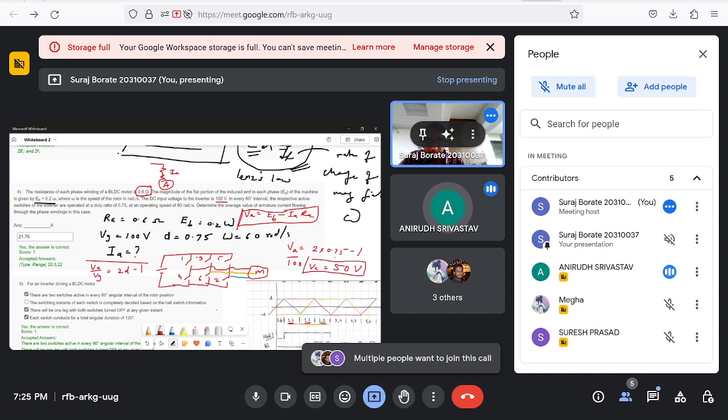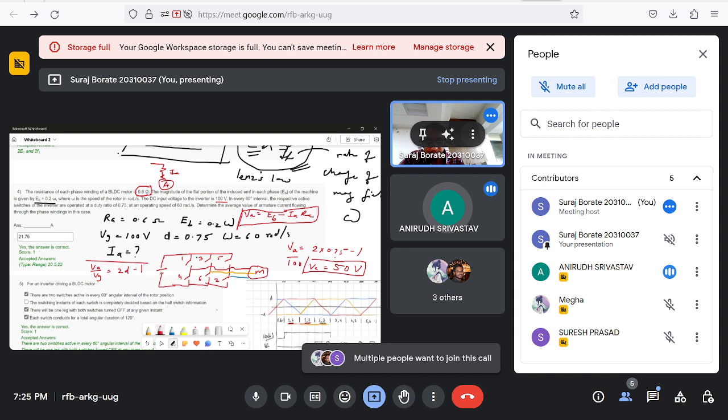Also, sir, I think we're missing something crucial. There are two switches, so there will be a factor of 2 for the back EMF, I guess. I have actually written 2 into EB, yes. And 2 into IA RA is also there, because there are two resistances.